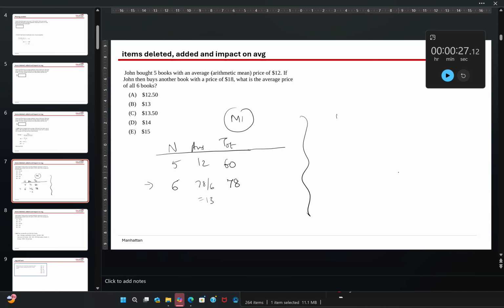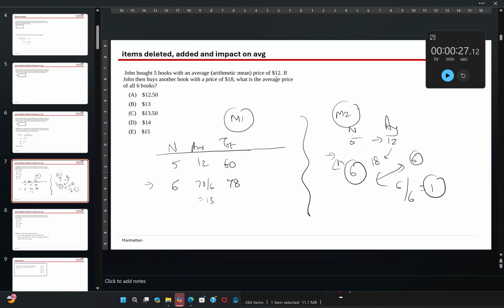Method 1. Method 2 is, you realize that 5 books with average of 12. Now they're saying buys another book of 18. So that's the sixth data point, 18 is added, right? But the average is 12. So can I say it's 6 over the average? And now the total becomes 6. So the addition is 6 by 6, which is 1 to the average.